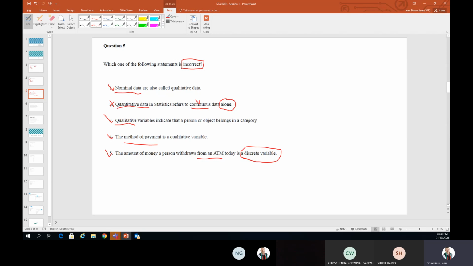So again, I think that can be very handy, that you don't need to remember all of these things, because it can be very daunting trying to remember all the different types of variables and levels of measurement, when it is just a small thing that changed here to make it incorrect.